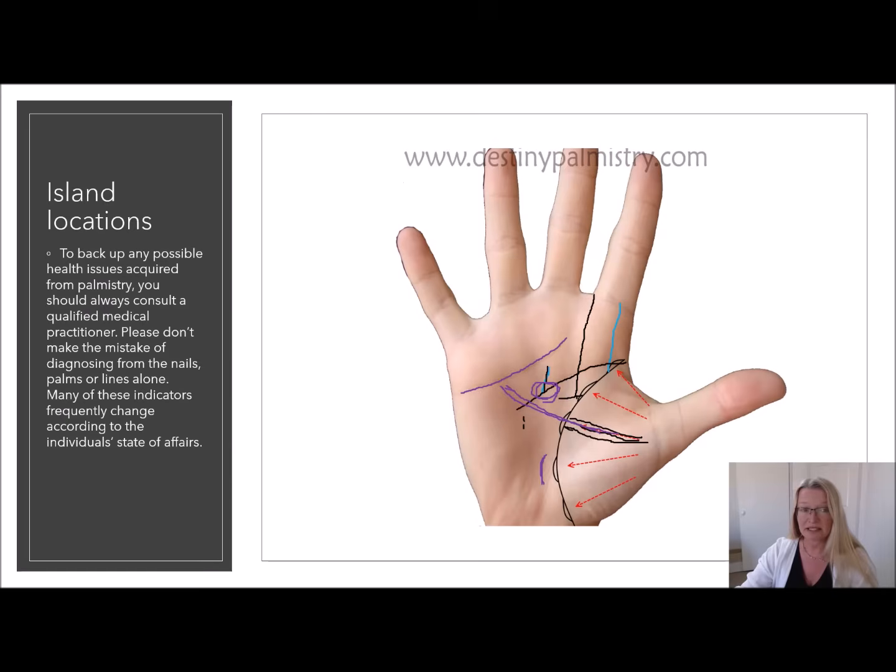And remember that to back up any possible health issues, you should always consult a qualified medical practitioner. Palmistry does not specifically diagnose any specific things, so it's not a reliable indicator of any diseases or anything like that. Okay, let's move on to the new slide.